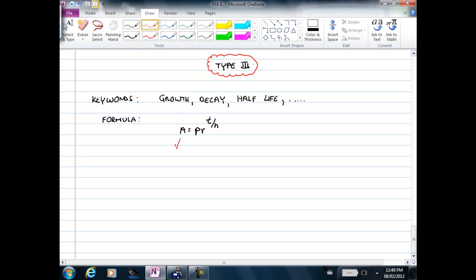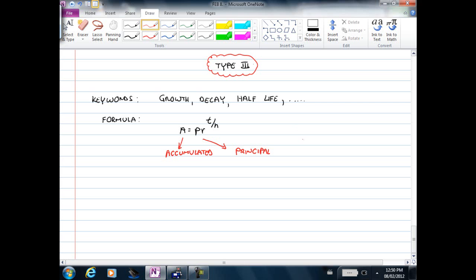A is accumulated, or your final value, whatever you want to call it. A is your accumulated value. P is your principal. Same concept. Only difference is we're not necessarily dealing with money this time.